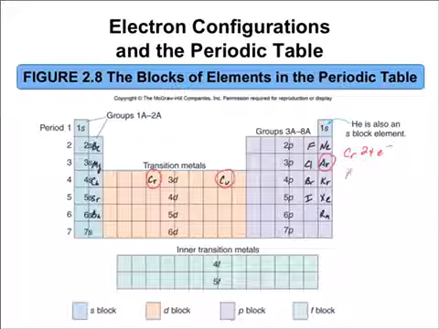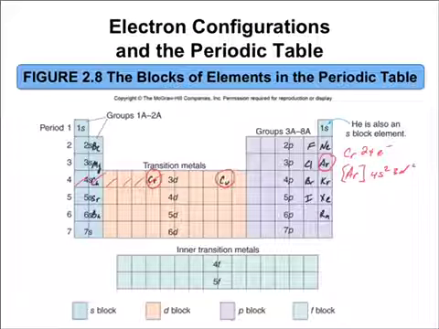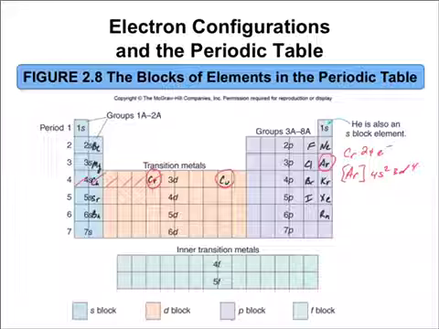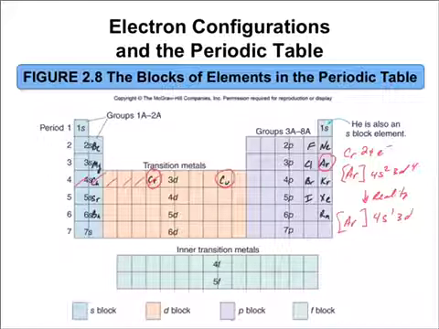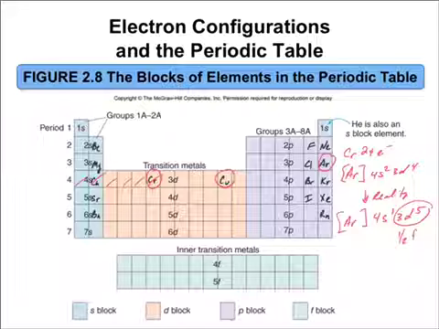I'm starting off at argon, and then I would go 4s2, then 3d1, 3d2, 3d3, 3d4. But it actually turns out that reality says argon, 4s1, 3d5. The reason for that is this is now half filled.